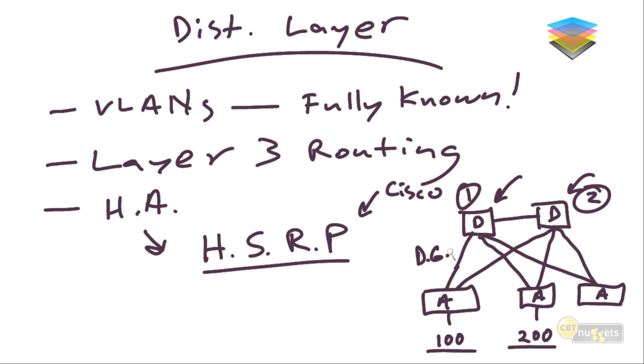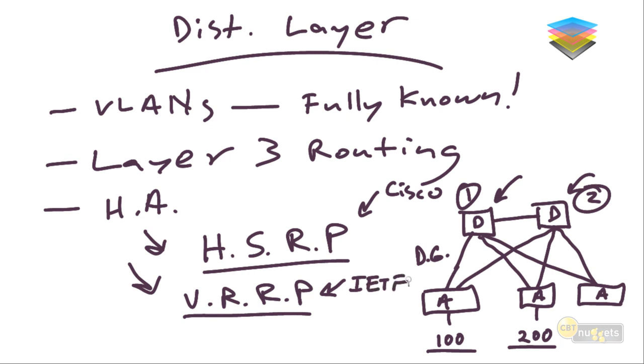If one of the distribution layer devices is unreachable, the other can act as the default gateway. How awesome! Now, another technology that exists here is the Virtual Router Redundancy Protocol, or VRRP. This is identical for the most part to HSRP, but it is an open IETF standard.